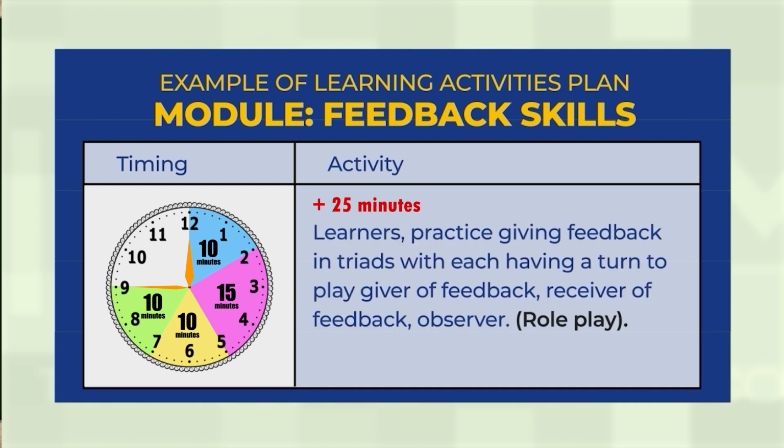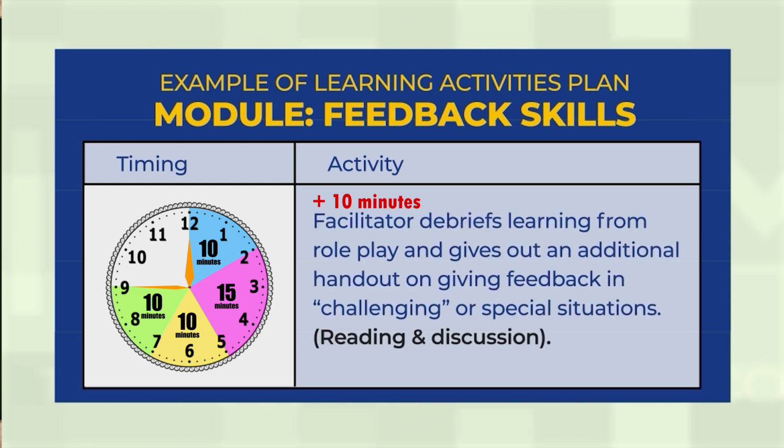In the next 25 minutes, learners can practice giving feedback in triads, with each having a turn to play giver of feedback, receiver of feedback, or the observer. This is an example of a role play.